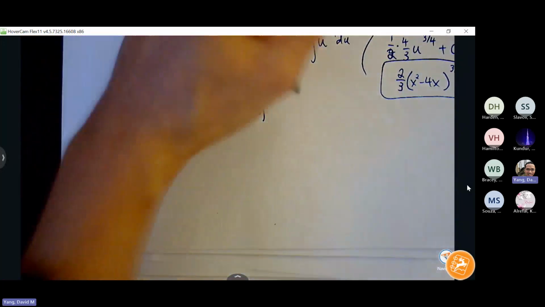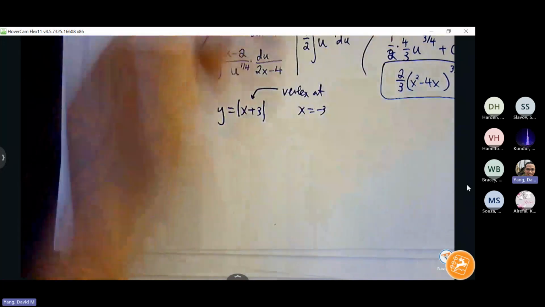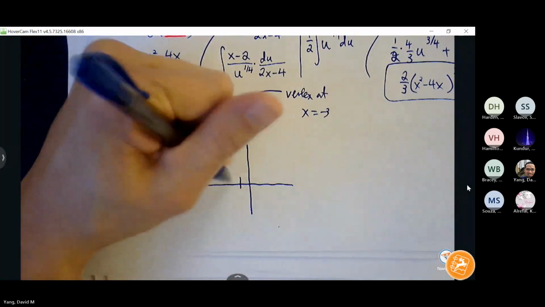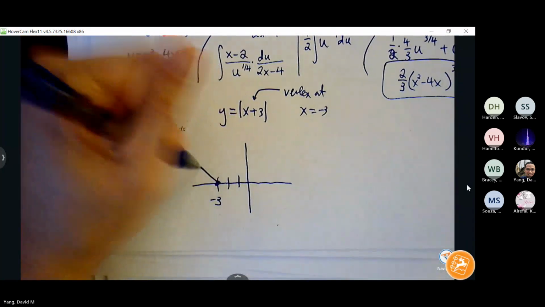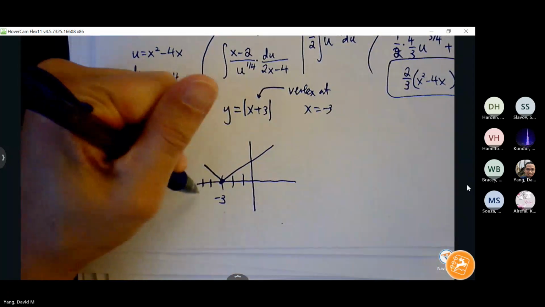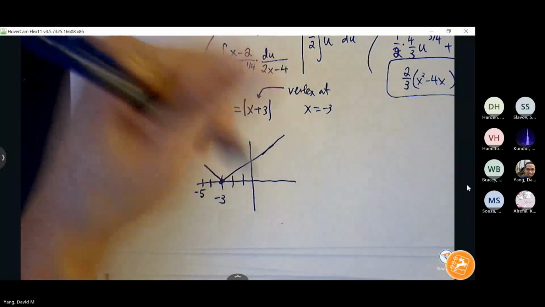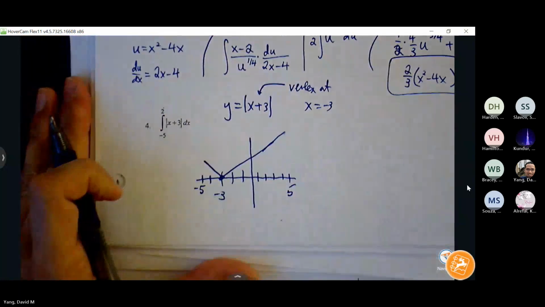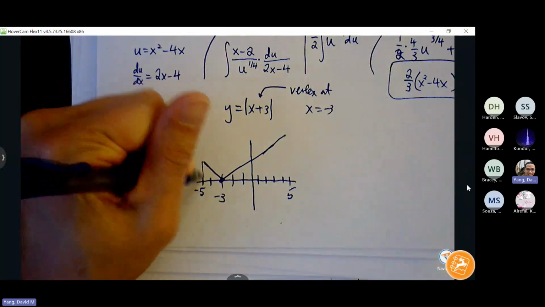This is telling us that there is a vertex at x equals -3. Okay, the 2 triangles are not the same size, but we can just find the areas of them independently.